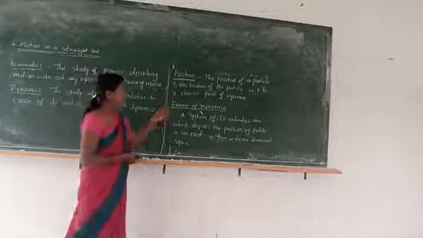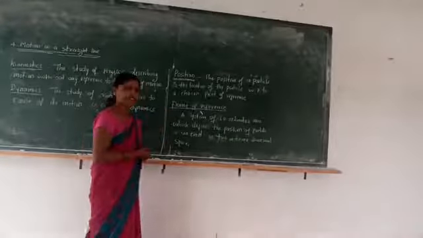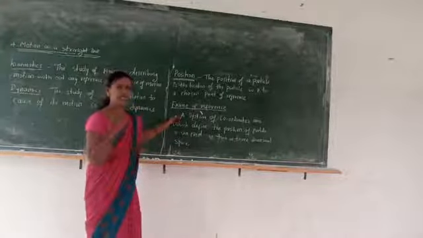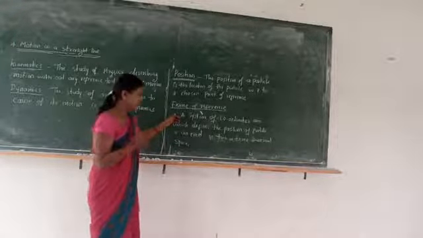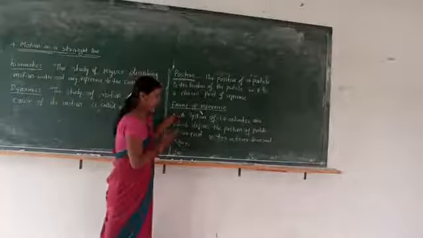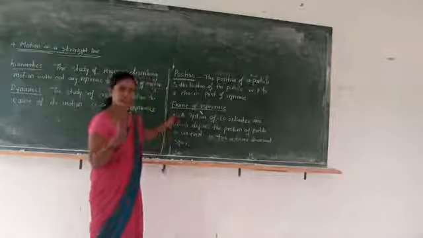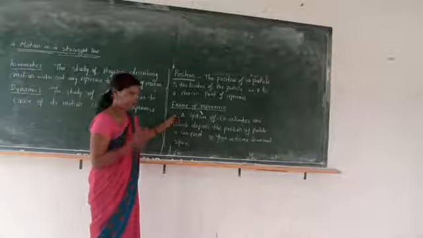Next is frame of reference. Frame of reference is nothing but a system of coordinate axes: x axis, y axis, z axis. In three-dimensional space, we use three coordinates x, y, and z.